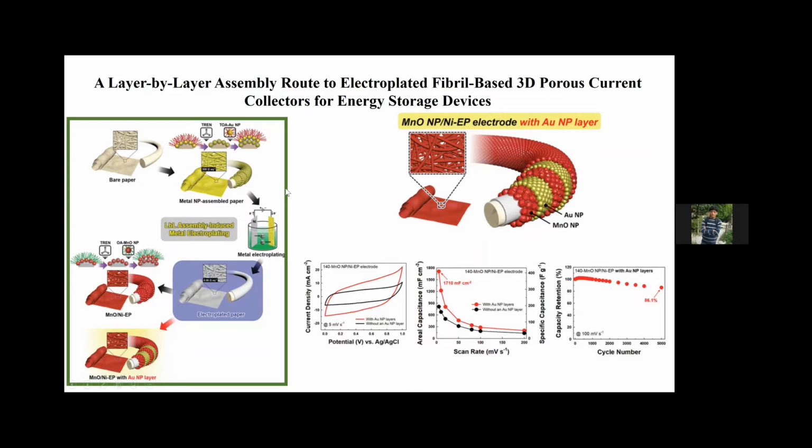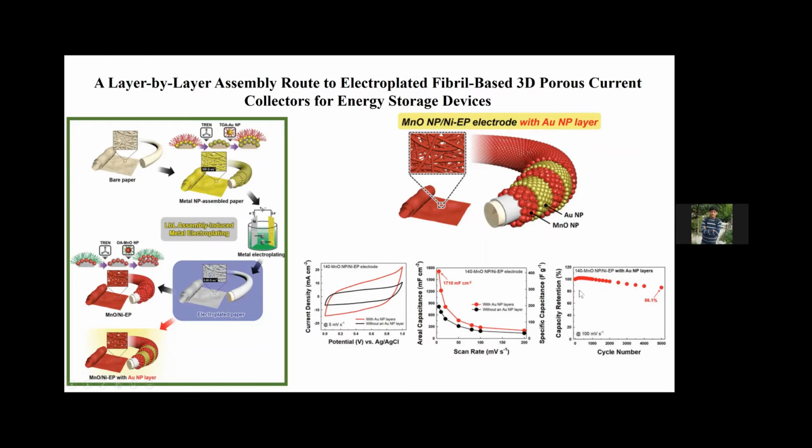Remember one thing: because this is coaxial, and all the materials are deposited throughout the area, in that case we generally calculate the areal capacitance, meaning how much material is deposited throughout the area. We can also check its cycle number, as we can see here.